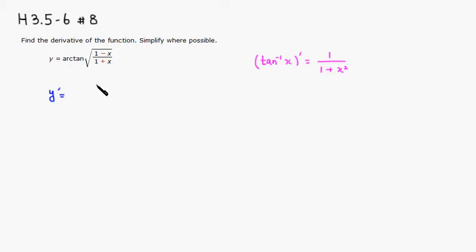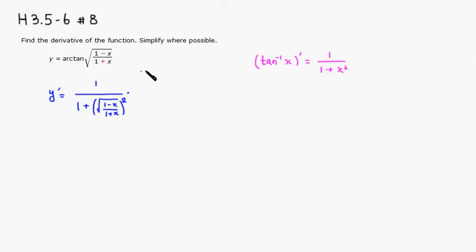So you're going to have 1 over 1 plus the square root of (1 minus x over 1 plus x), but you just need to square the whole thing. Then multiply by the derivative of the inside function.